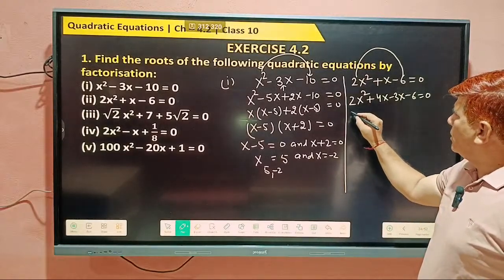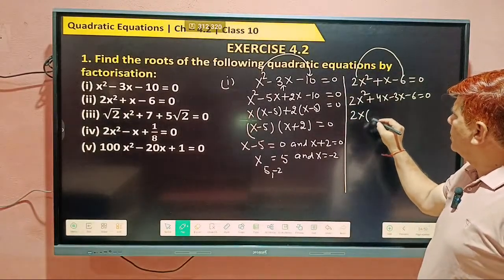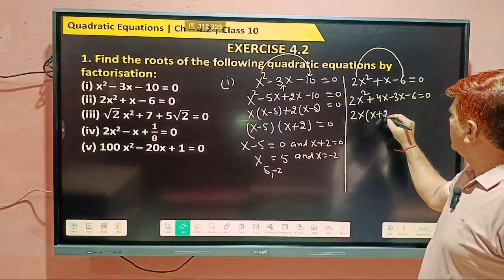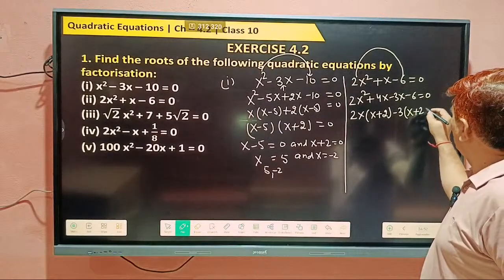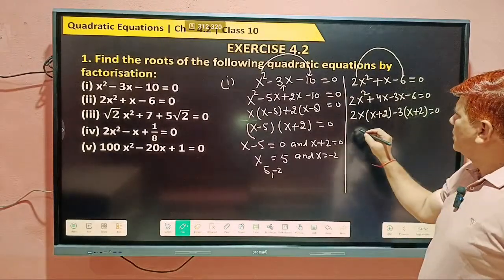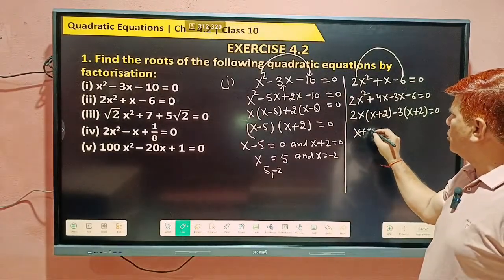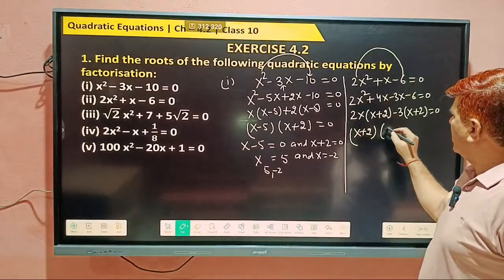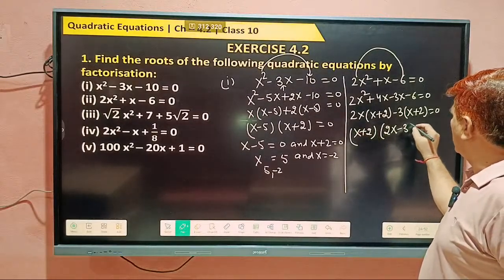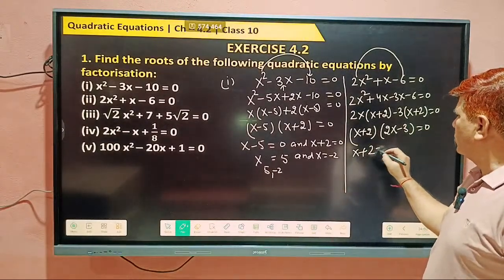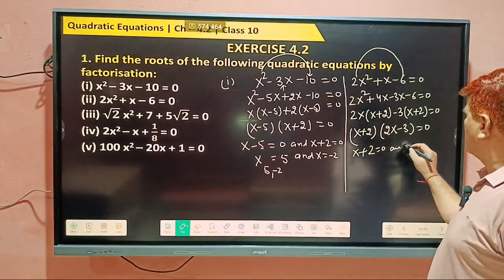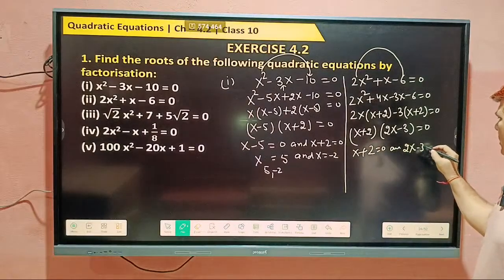So what's common? 2x is common, so 2x into x plus 2, and minus 3 is taken common, so minus 3 into x plus 2, equal to 0. What's common? x plus 2 is common, and here 2x minus 3 equal to 0. So put x plus 2 equal to 0 and 2x minus 3 equal to 0.